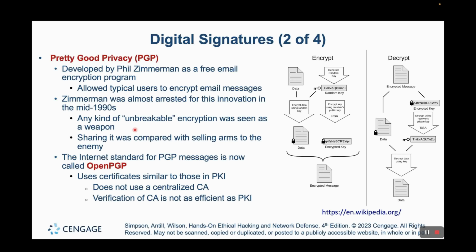Any kind of unbreakable encryption was seen as a weapon by the US government. Sharing it was compared with selling arms to enemies. So what happened is that PGP somehow got out to the world, and that's why Zimmerman got in trouble, but the United States decided to drop the case.